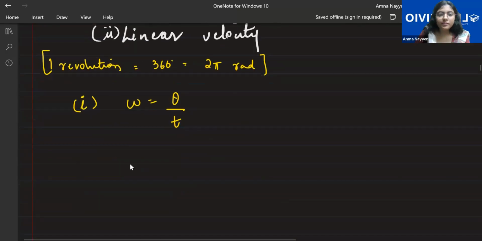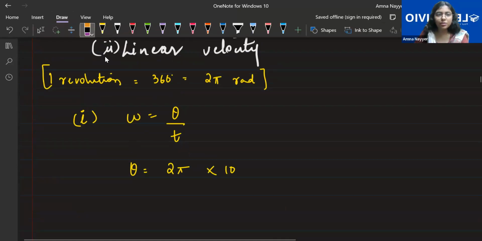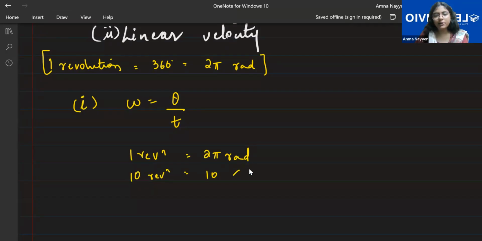If you use the unitary method, one revolution is equal to 2 pi radian. Therefore, 10 revolutions will be 10 into 2 pi radian.